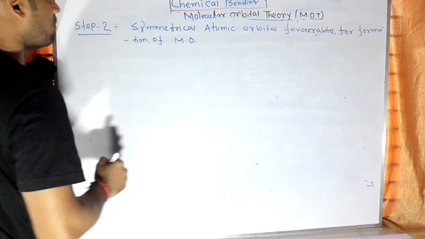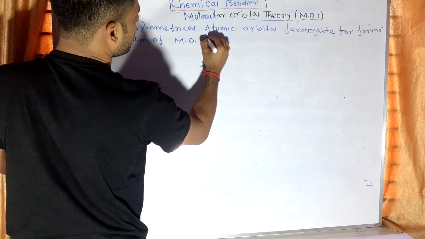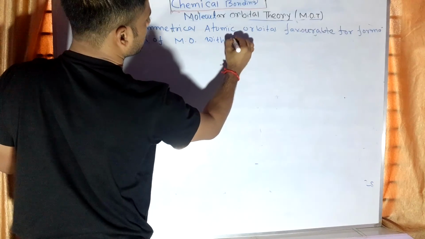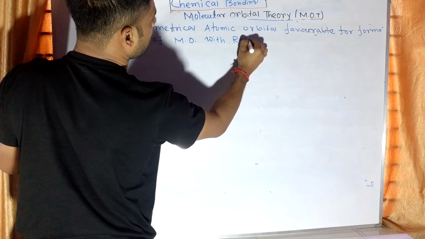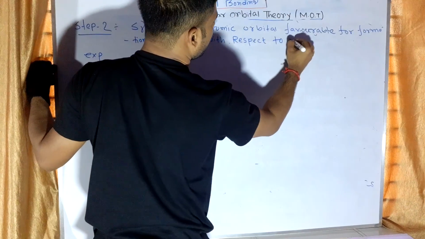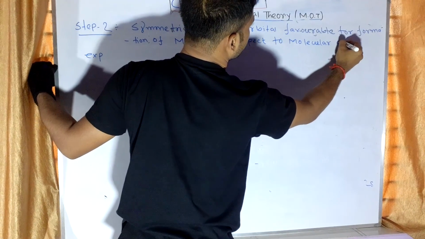MO means molecular orbital. What is the explanation of symmetrical atomic orbitals? With respect to the molecular axis.